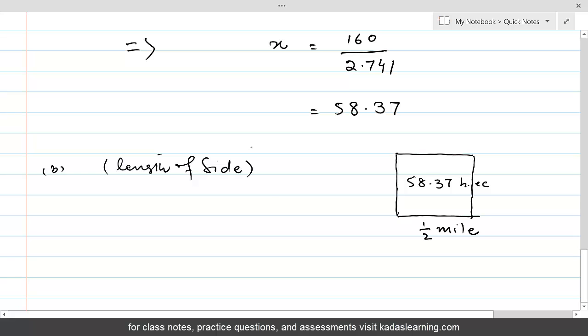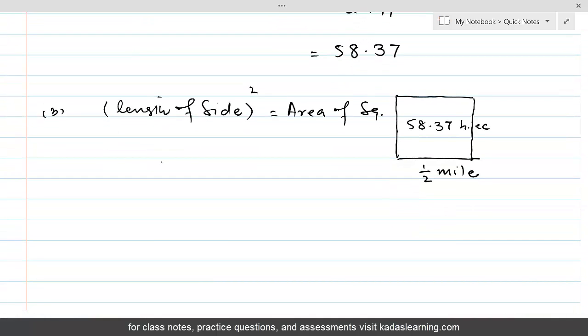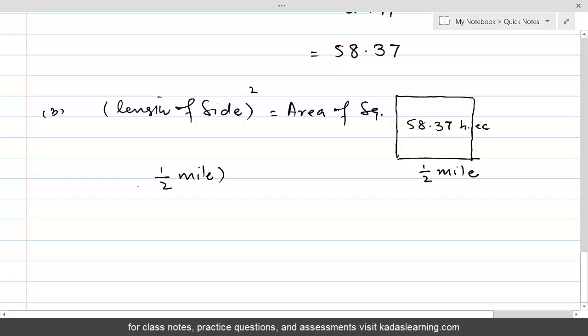If this is the side of the square, then length of side squared is equal to the area of the square. That's the formula. The length of side is half a mile, that is given in the question. So if this is half a mile, power 2, it is equal to the area of this square, which is 58.37 hectares.